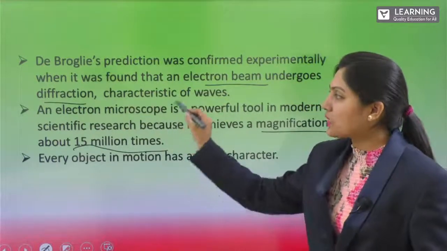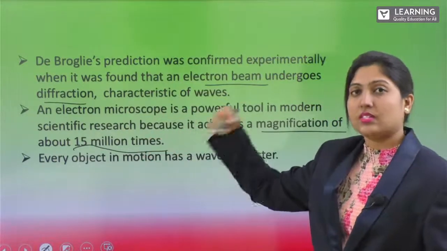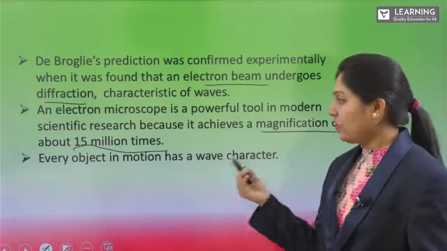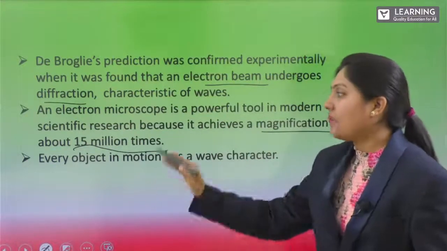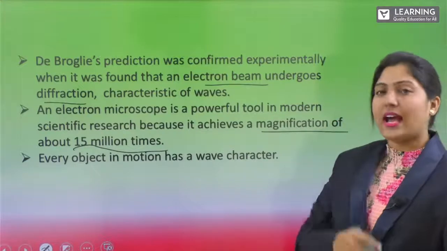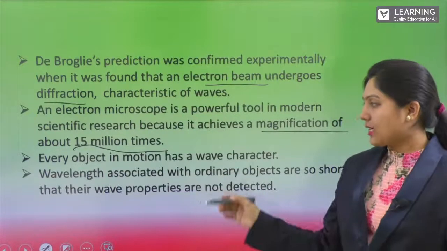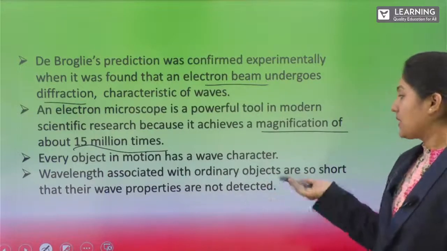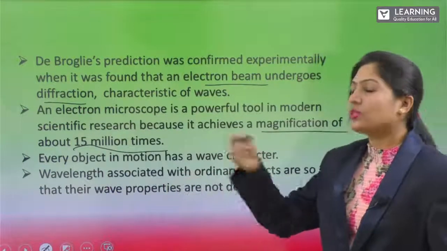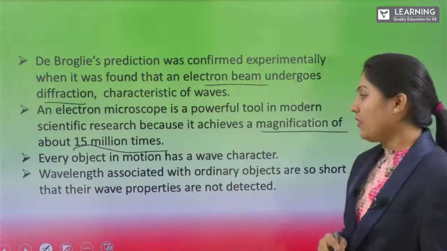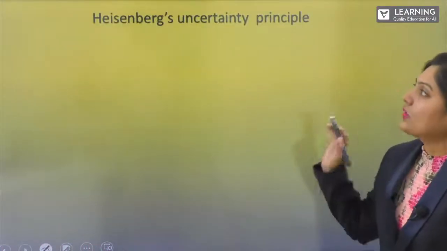So using an electron microscope we can find out the structure of atoms and other things. Every object in motion has wave functions. The wavelengths associated with ordinary objects are very short, and their wave properties are not exactly detected. Next we have the uncertainty principle.